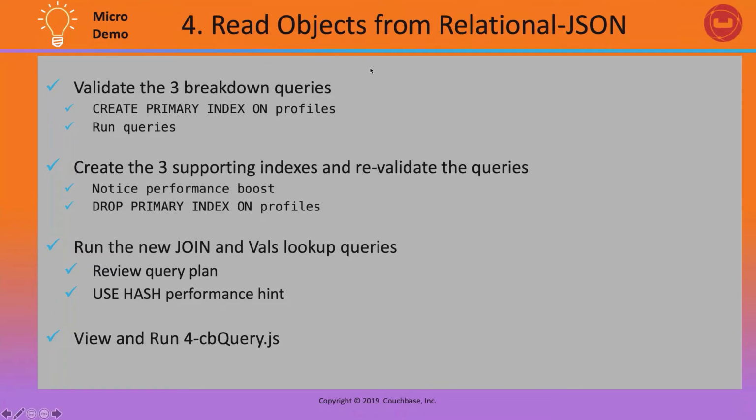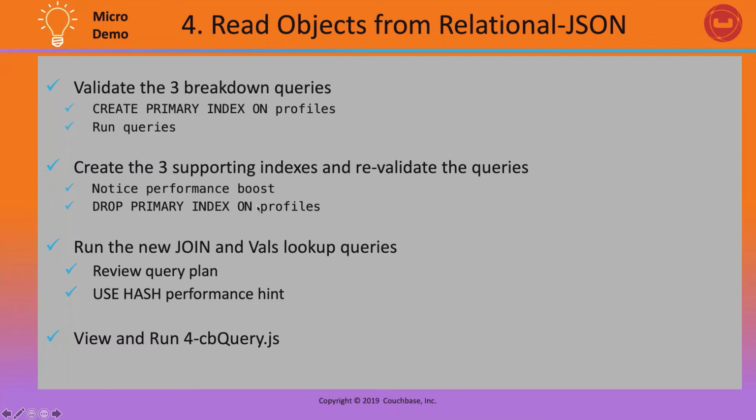So the next demo, we're going to validate the 3 breakdown queries. I'm going to break down the queries for you and show those to you in the Couchbase query UI. We are going to create a primary index to just validate those, and we're going to run those queries. Then I'm going to create the 3 supporting indexes and reevaluate the queries, and you'll see how the performance gets boosted.